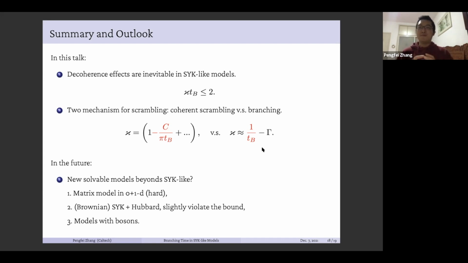So I just mean if there is a simple ladder diagram structure, as we have shown here, there will be a bound for the branching time. However, if you add some term which breaks such a simple ladder diagram structure, it can be interesting.